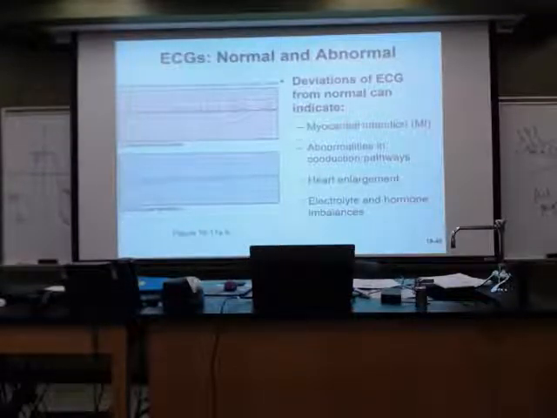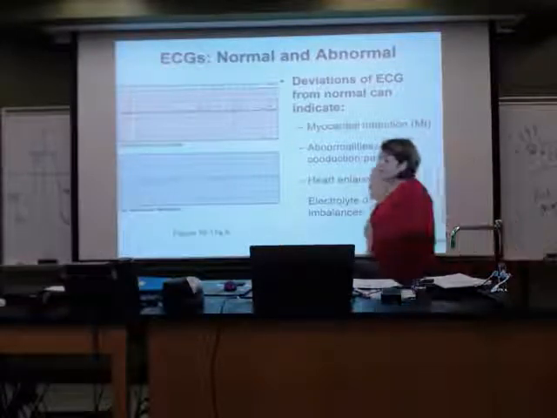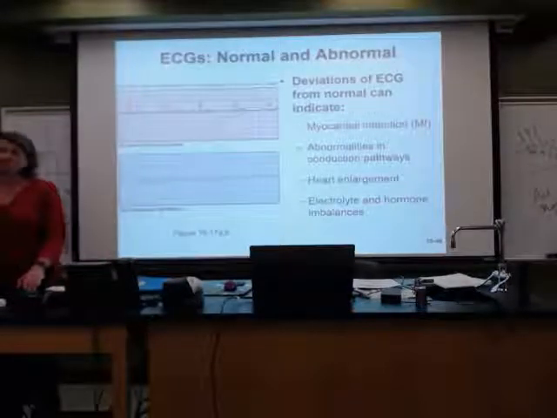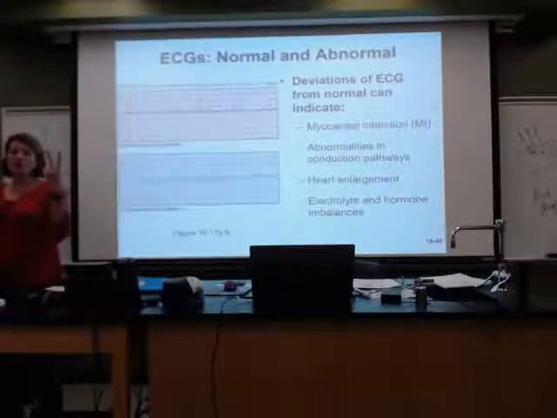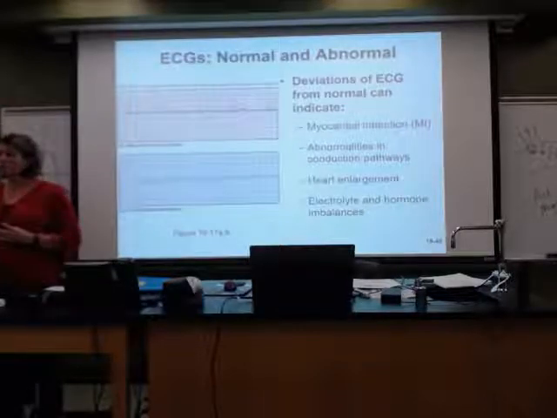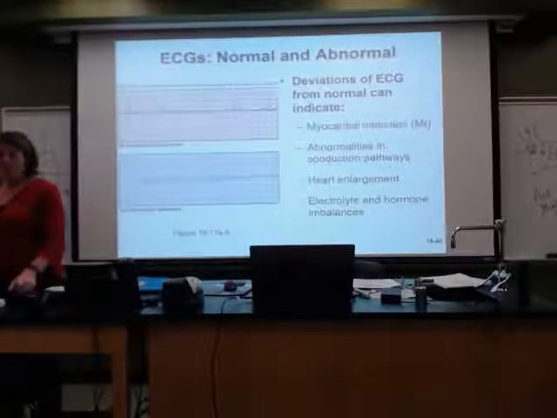But heart enlargement means that the heart is not pumping, basically the blood is not moving correctly. Electrolyte and hormone imbalances can be detected. The calcium, the sodium, the potassium. Those are the three major players when they look for them.